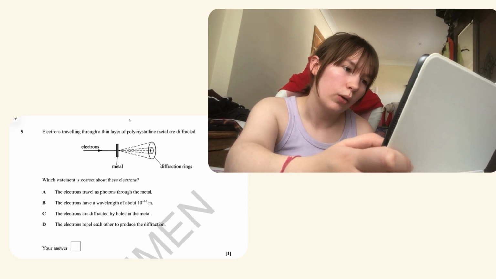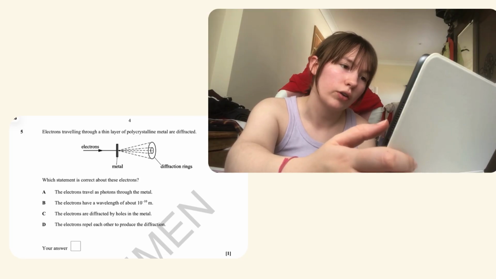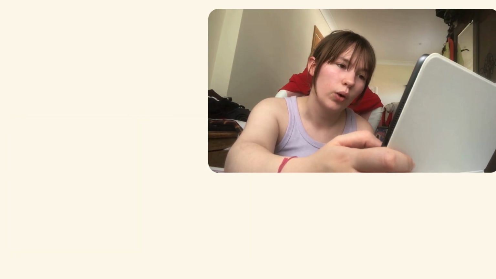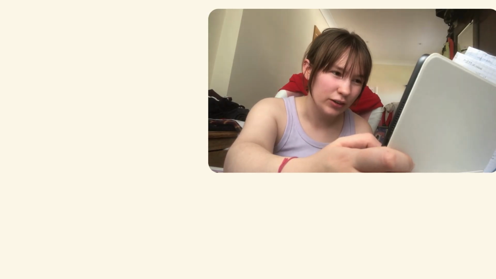Okay. Question 5. There are electrons traveling through a thin layer of a metal, and they're diffracted. Electrons travel as a photon through the metal? No, they don't. Important to note. These electrons are diffracted, and so they're acting as a wave. This is their wave-particle duality, and photons are light, constant light particles.